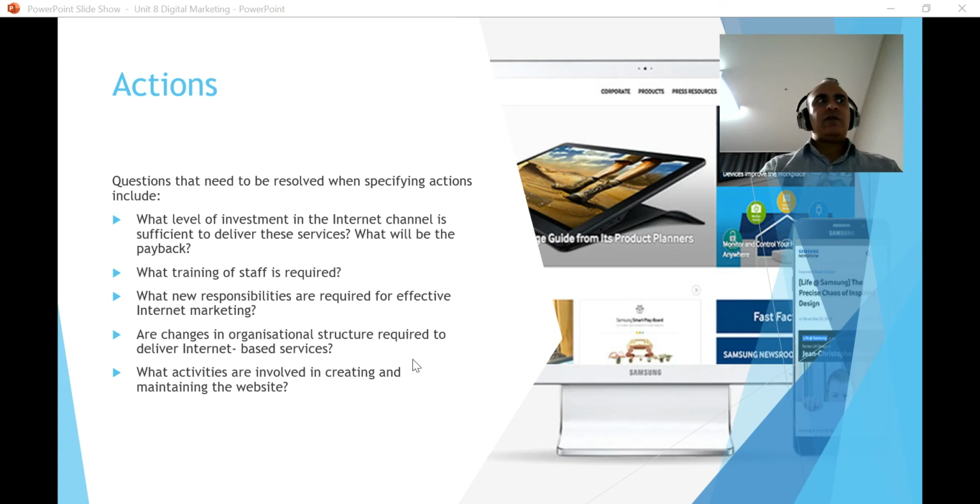Because if I go more into digital strategy, then I have to have more resources in terms of people that know how to do digital strategy. We also have to understand what new responsibilities are required for this internet marketing. Now my staff and resources need to change completely and focus on the online area.